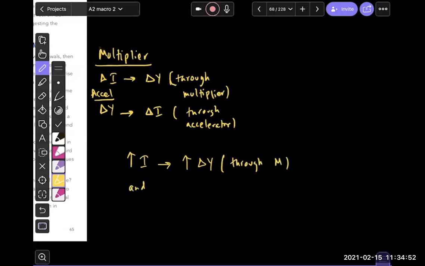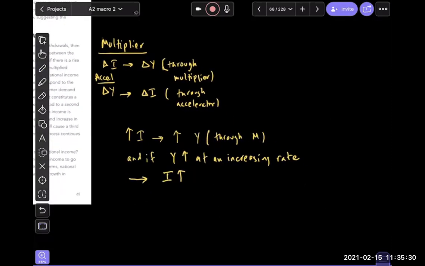And if Y rises at an increasing rate, remember we said this in the accelerator theory, that Y should rise at an increasing rate. Then what will happen, guys, if Y is increasing at an increasing rate? What does accelerator theory say? You need more machinery and you need more investment to happen. Investment will go up. Make sense?